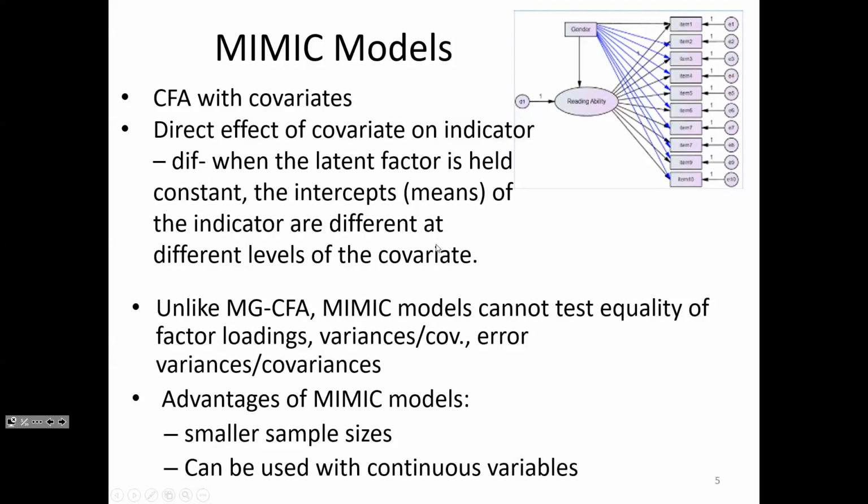So if I find a path from gender to item 3, and let's say it's positive, and gender is scored 0, 1 in this case, then gender 1 has an intercept that's 0.2 points higher than the intercept of gender 0. So these paths are really testing differences in the intercepts. There's no way, though, in a MIMIC model to look at differences in the loadings.